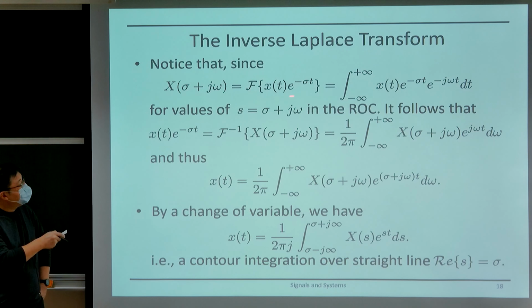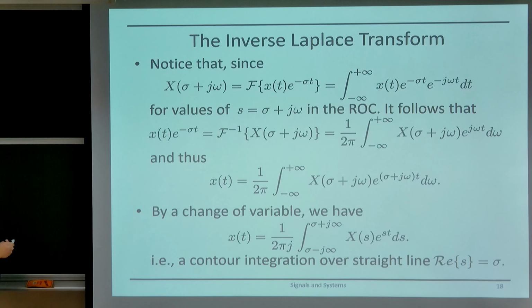So if you write the Fourier transform out, this is what you get. The key here is to understand that the Laplace transform is actually just a Fourier transform, but evaluated on x of t times this decaying exponential e to the minus sigma t.